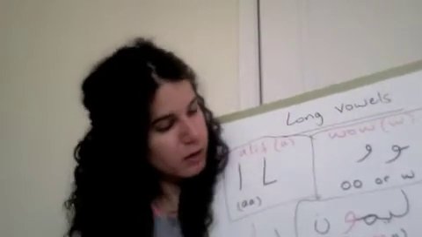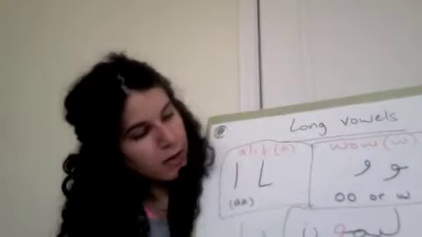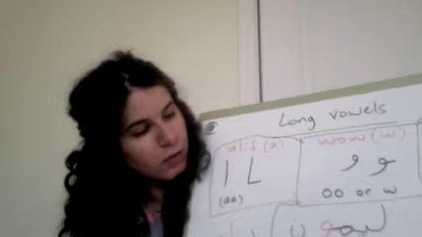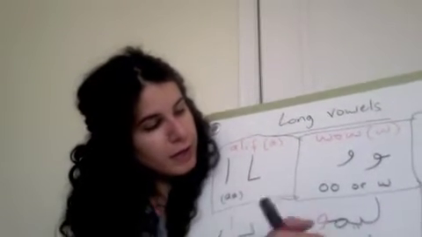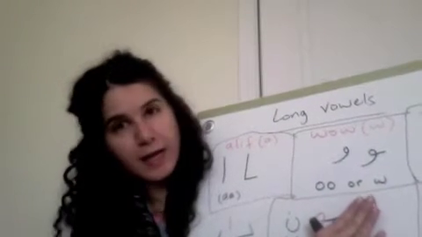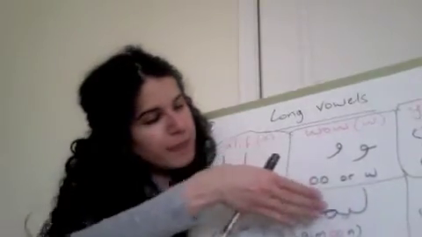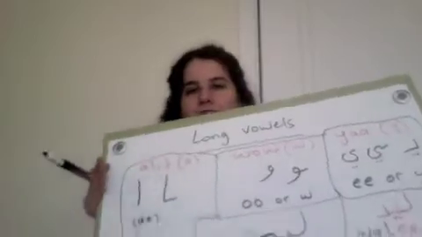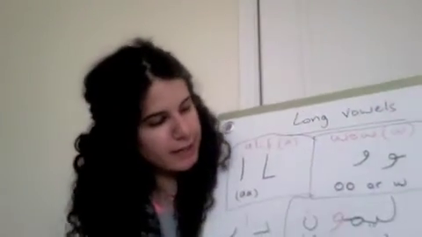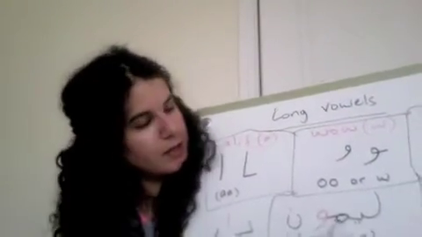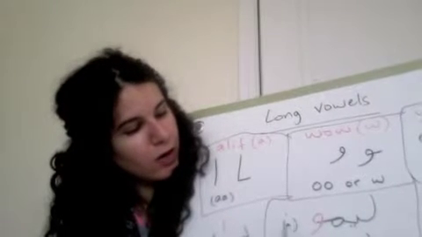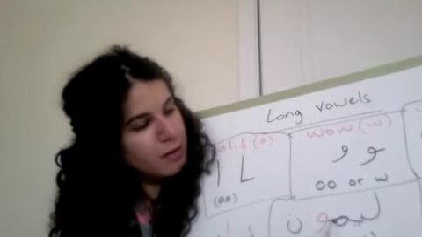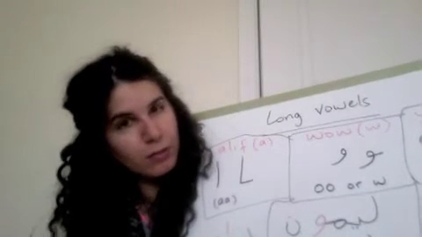That would be the long vowel for the O, like a long O. I was going to show you what a moon looks like in English. So basically, M-O-O-N, mim, waw, noon is moon. So the double O sound.